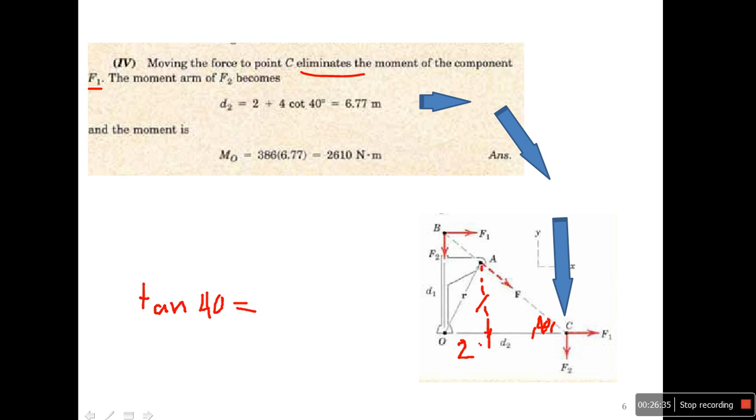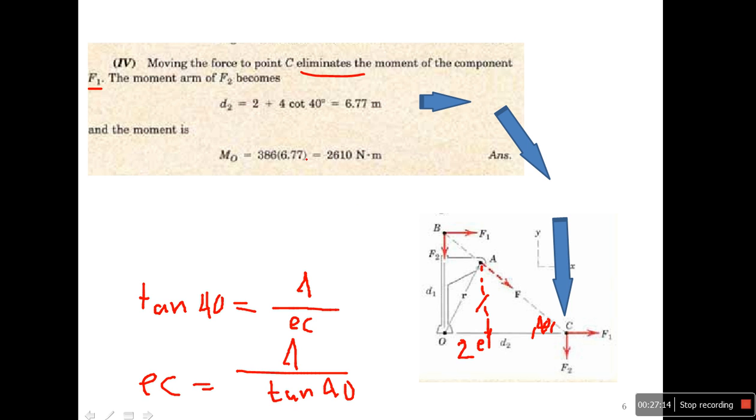Now tan 40 equals 4 over EC. I want EC. So EC equals 4 over tan 40, which means it equals 4 cotan 40.